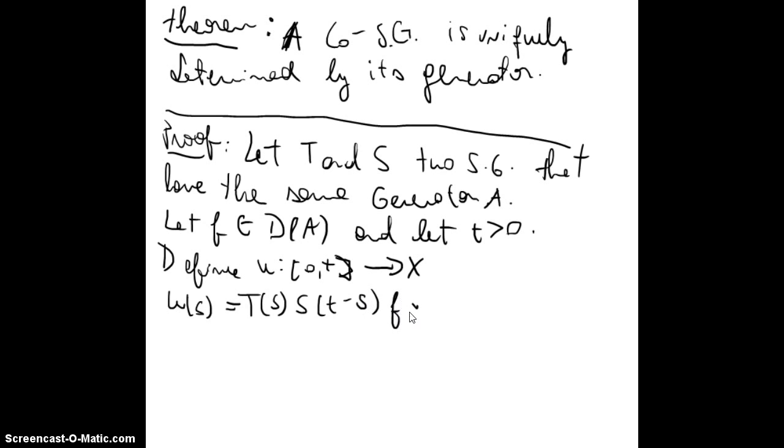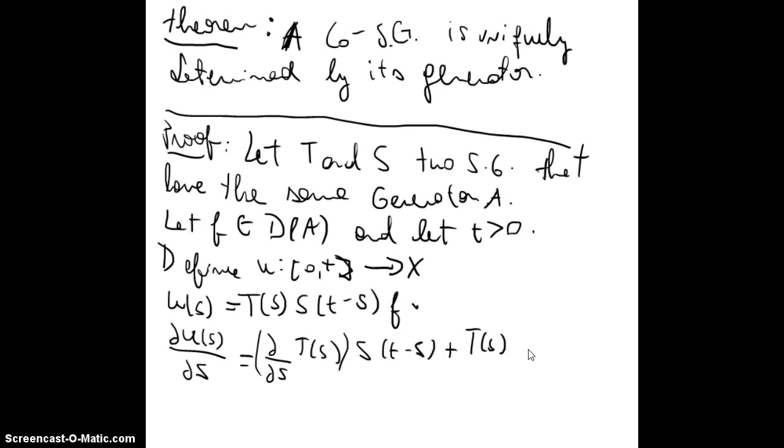Okay, so let's take the derivative in s. This would be the derivative in s of T(s), composed with S(t minus s), plus T(s) multiplied or composed by the derivative d/ds of S(t minus s).